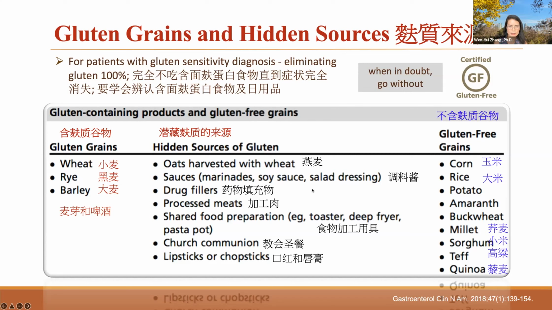And sauces like soy sauce, salad dressing, drug fillers, processed meats, and this is contamination. It happens when we use the same food preparation surface or tools for wheat. And some other everyday items like lipstick and chopsticks can also have gluten. And these are the foods without gluten, like corn, rice, potato, quinoa.